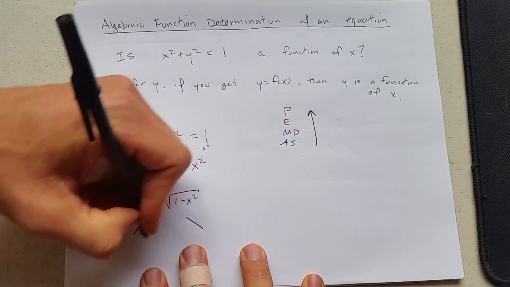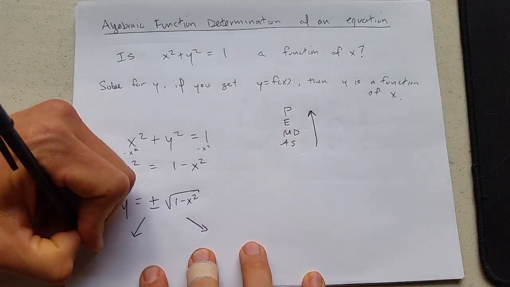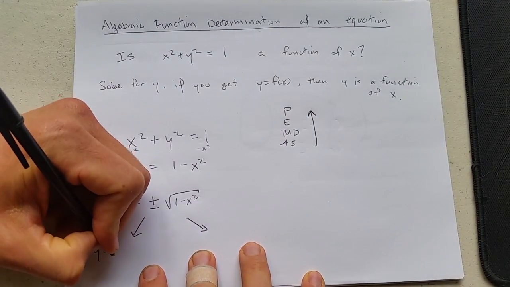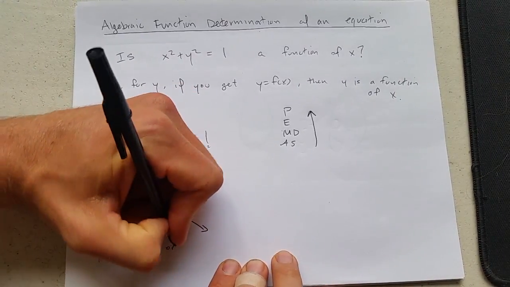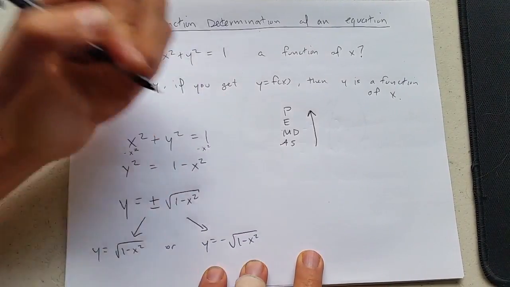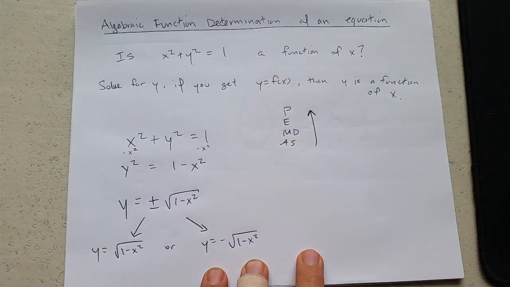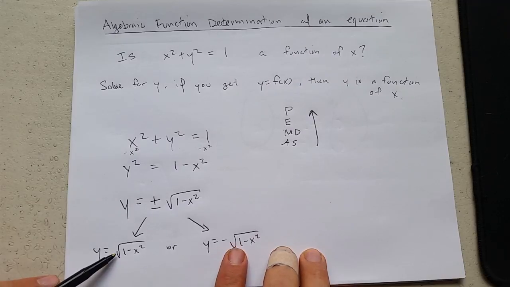Now, how do you think about these? You should think about it the same way your brain is saying them. So you either get y equals positive square root of 1 minus x squared, or y equals negative square root of 1 minus x squared. So did we solve for y? If you knew what x was, unfortunately, I would know y is either a positive or a negative value.